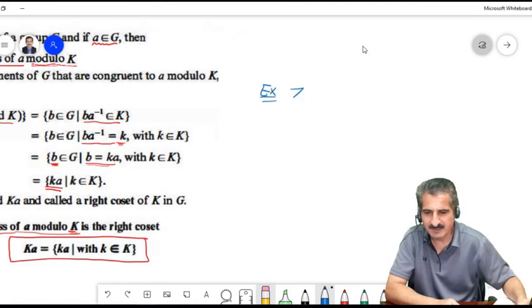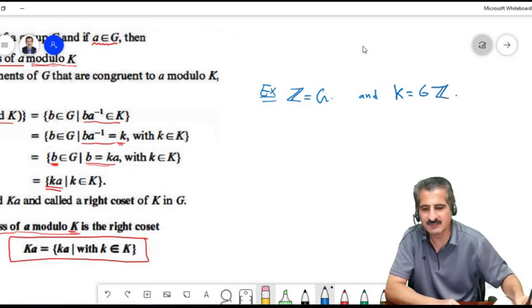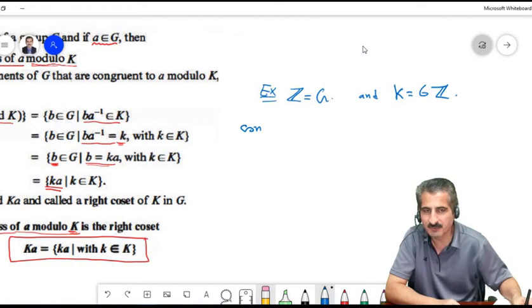Let us say Z is our group G, and let us choose K to be 6Z. Okay, so what is the congruence? Now the operation here is addition.